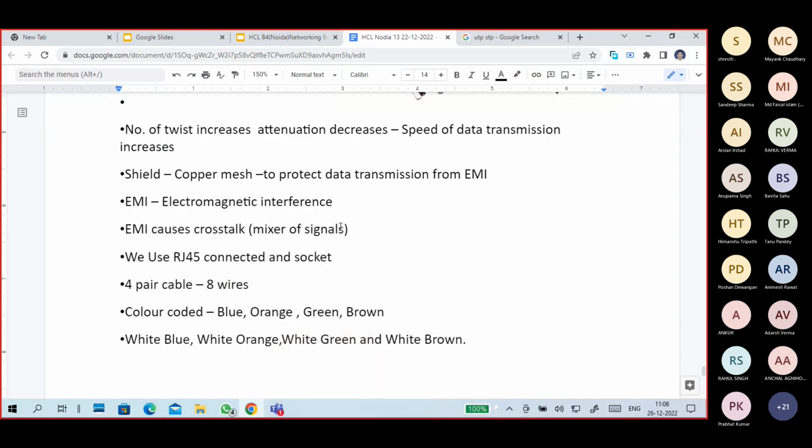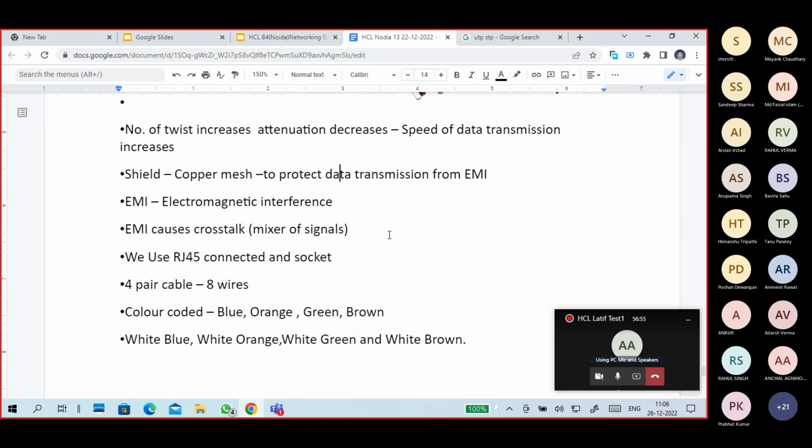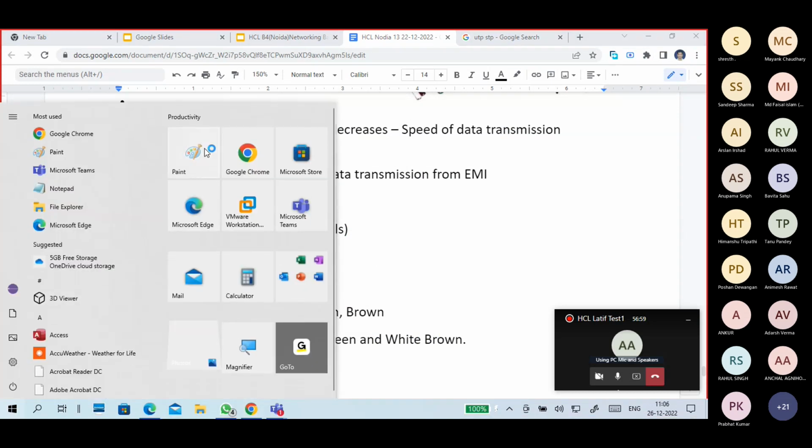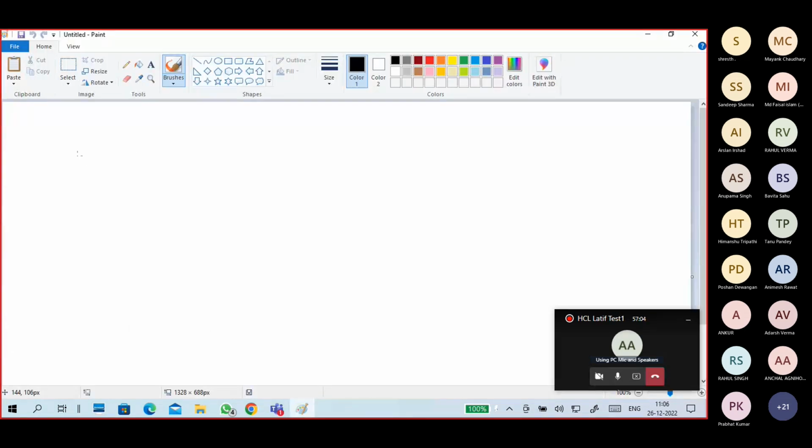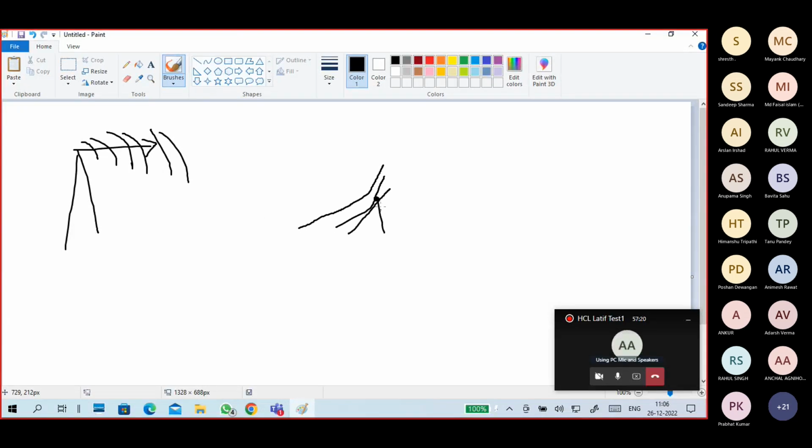What is EMI, electromagnetic interference? You know how you are able to receive a signal. It means somewhere a signal is transmitting, right? How is it transmitted? It is an electromagnetic wave. And we receive it whenever this electromagnetic wave touches your antenna.